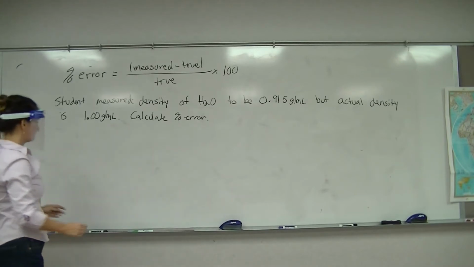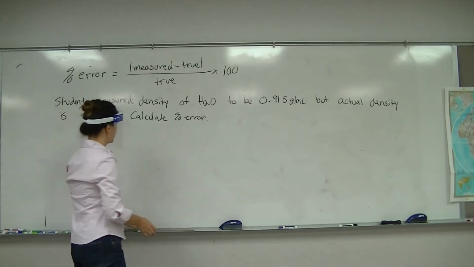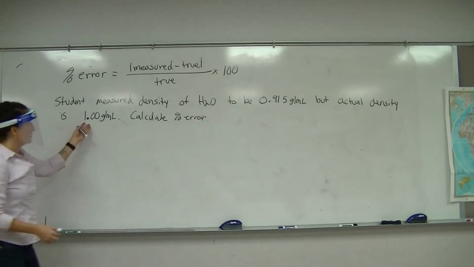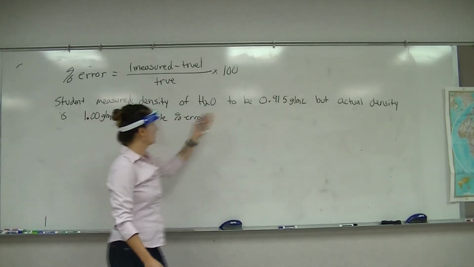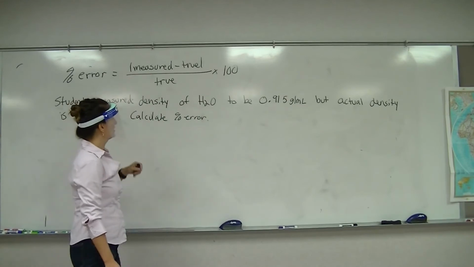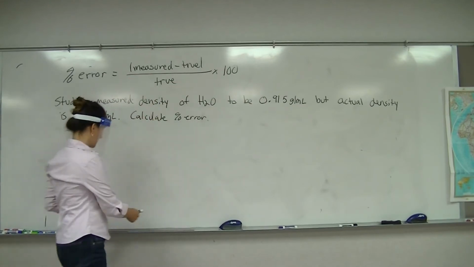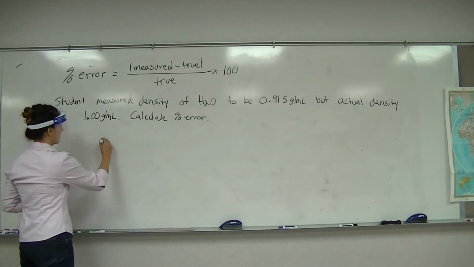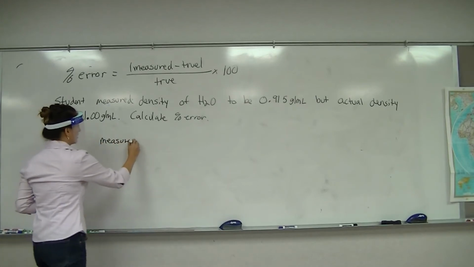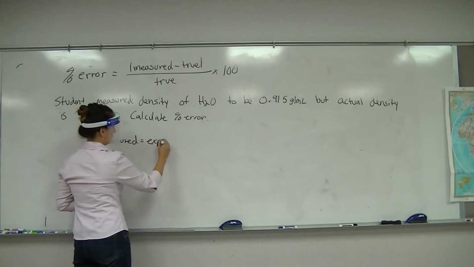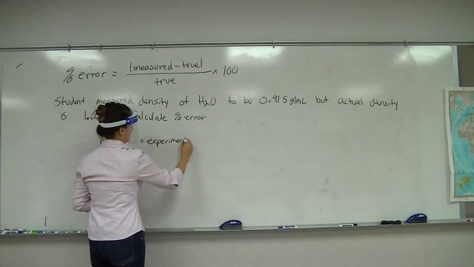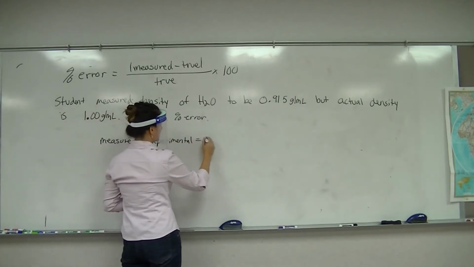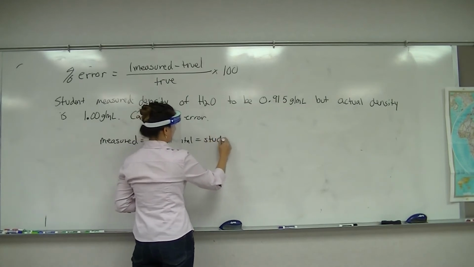So let's look at this. We have two numbers. One of those numbers is going to be the measured. The other number is going to be the true. So how do we figure that out? Well, the measured is the experimental. It's usually what the student or scientist did.